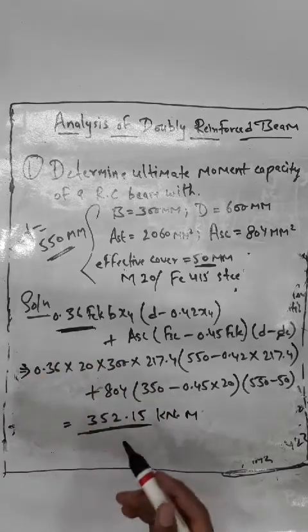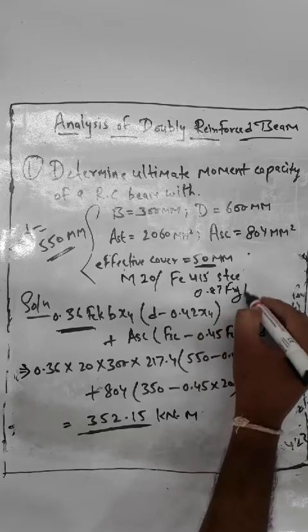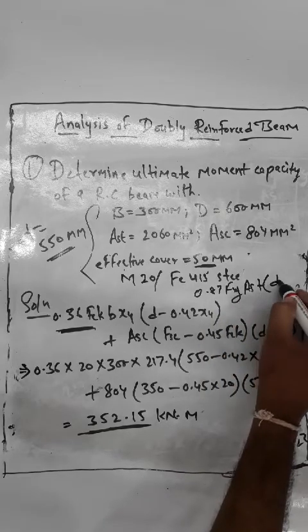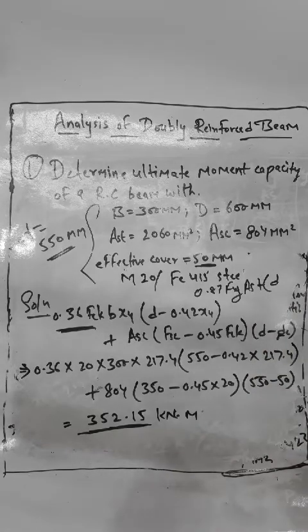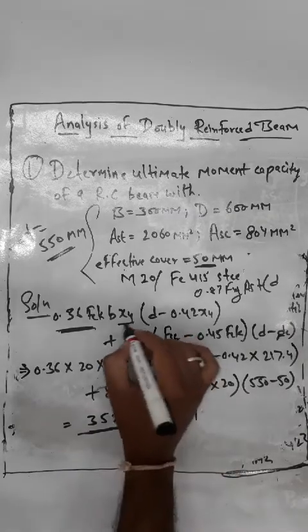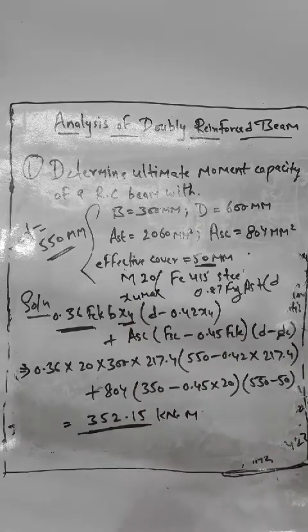For an over reinforced section you have to use 0.87 fy Ast1 (d minus 0.42 xu) plus 0.87 fy Ast2 (d minus dc), and for a balanced section you simply change xu to xu max. So you can solve the various sections with the help of these equations.